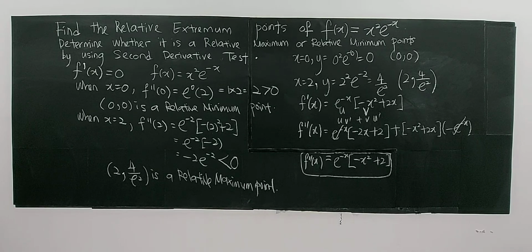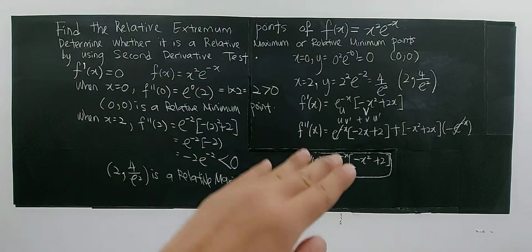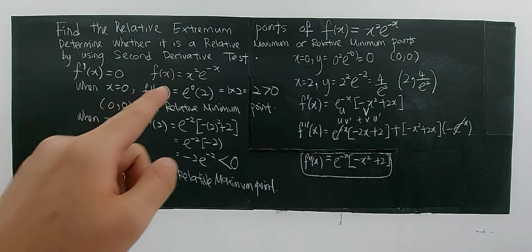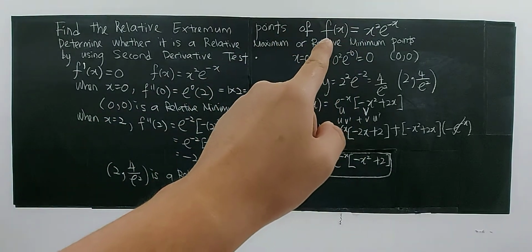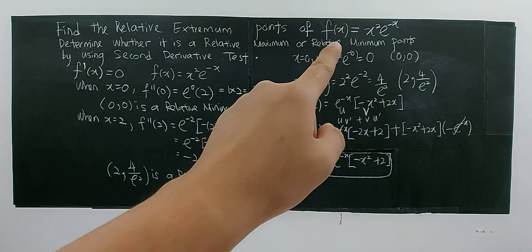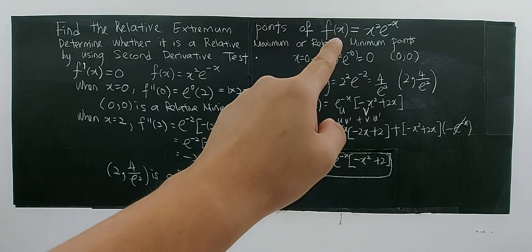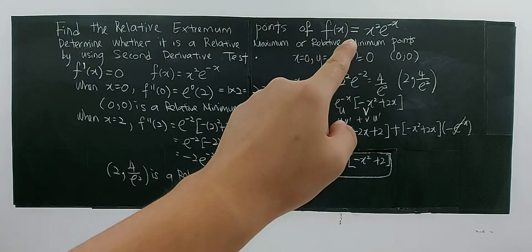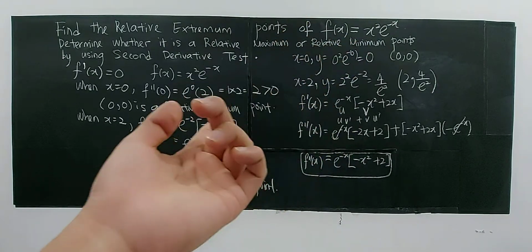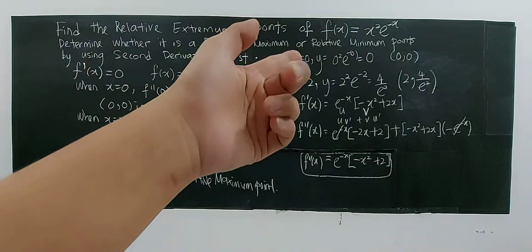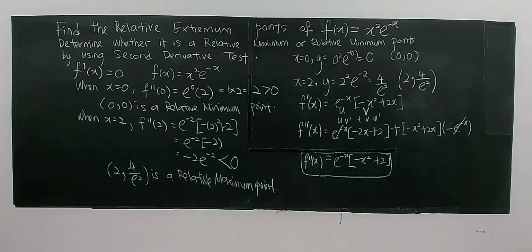I'm not going to teach you how to sketch this graph, because you need to know the asymptotes for this function, which you already learned in limits and continuity, where you learn how to find the horizontal and vertical asymptotes.